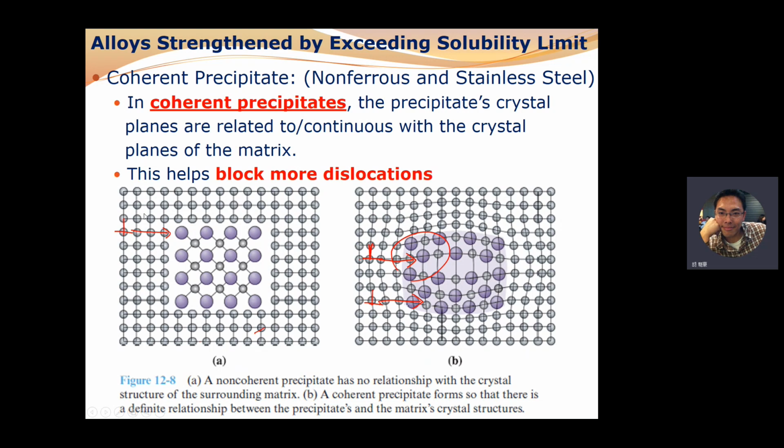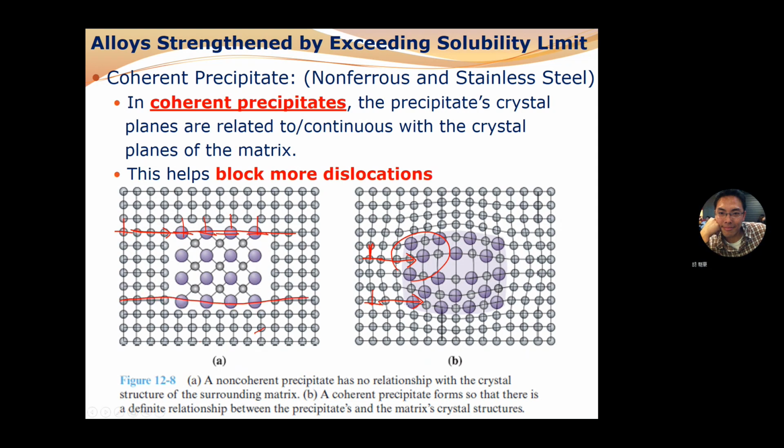However, these two crystals are independent. Therefore, this dislocation can still move, because it can pass here or pass here.